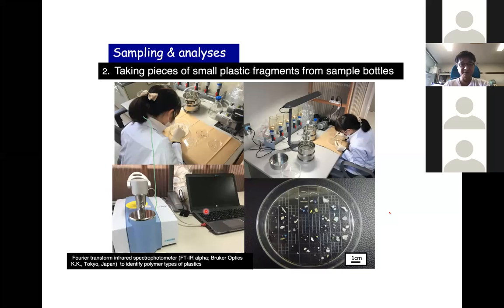So we use spectrometers such as FTIR like this, or the Raman method, or something like that. Otherwise, it's very difficult to distinguish very, very tiny microplastic from natural materials, such as fragments of biologically generated materials.